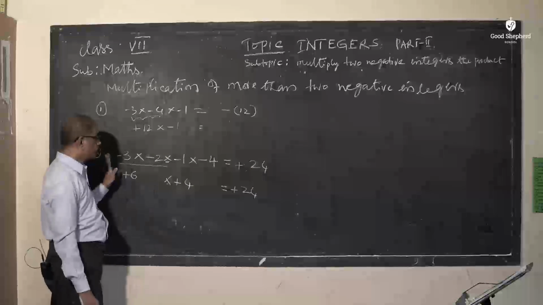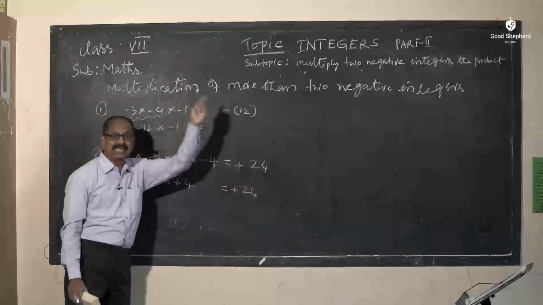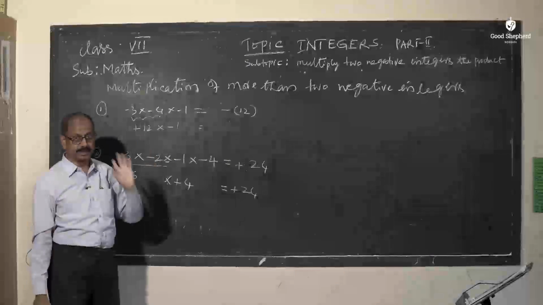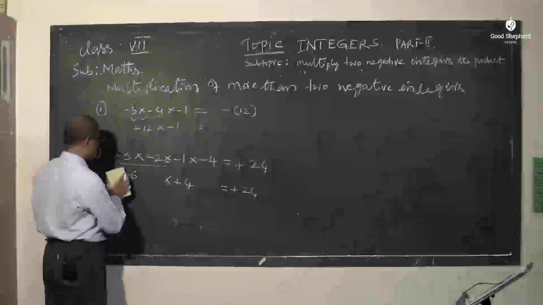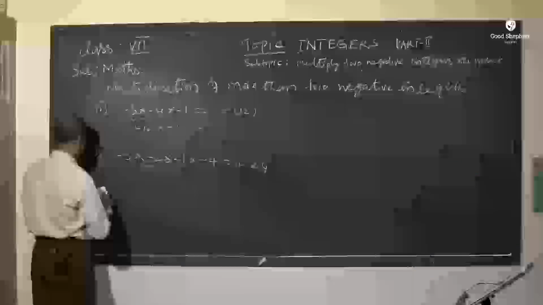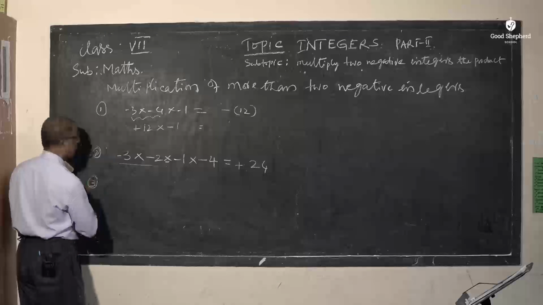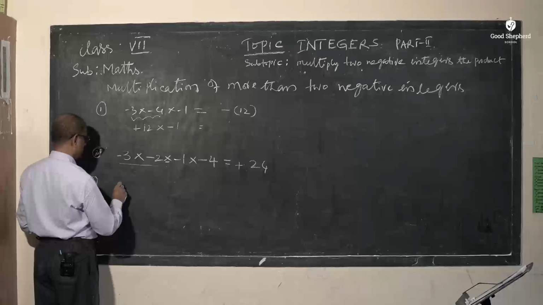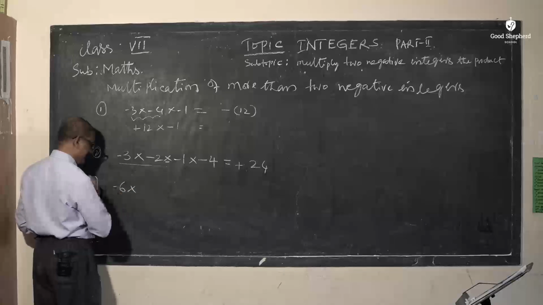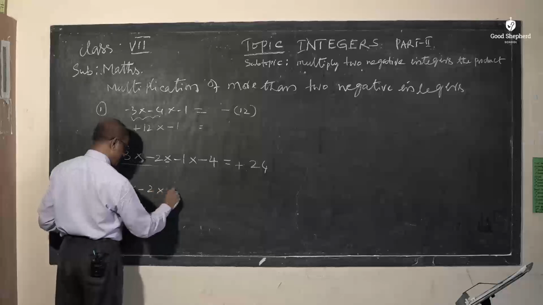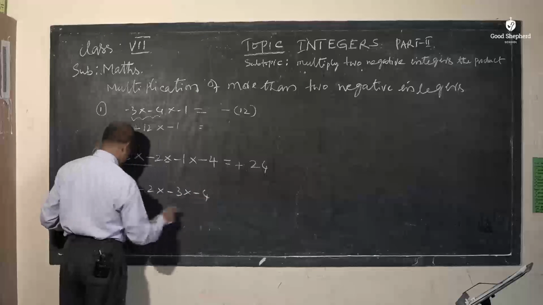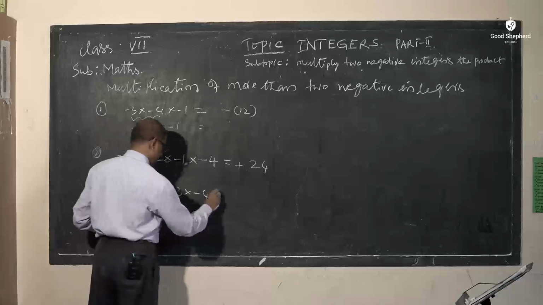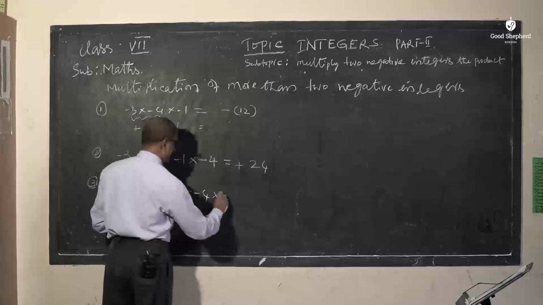The product of two negative integers is a positive number. Very careful. I am going to give one more question. So, number 3: 6 minus 6, minus 2, minus 3, minus 4 into minus 1.